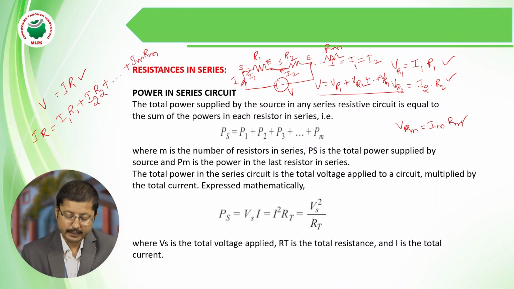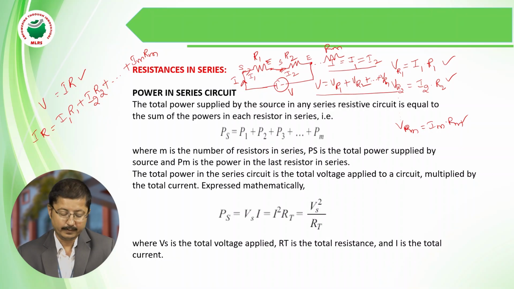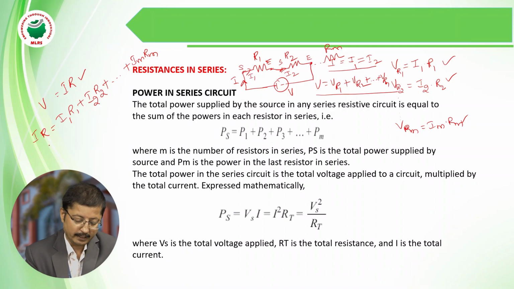In a series connection, which one is the same? Just now we said the current flowing through all the elements is the same. So I take I1 equals I2 equals up to Im equals I.